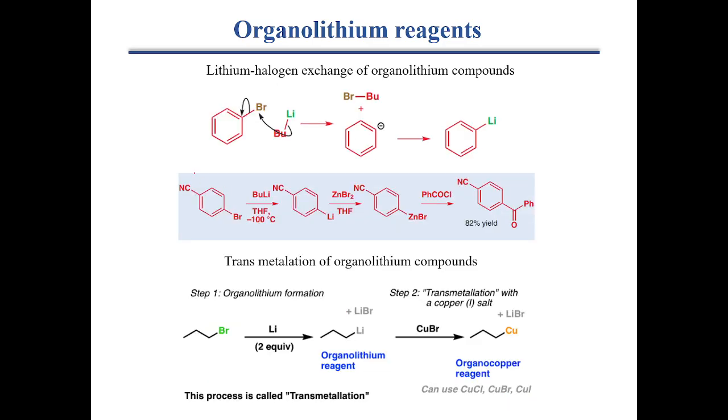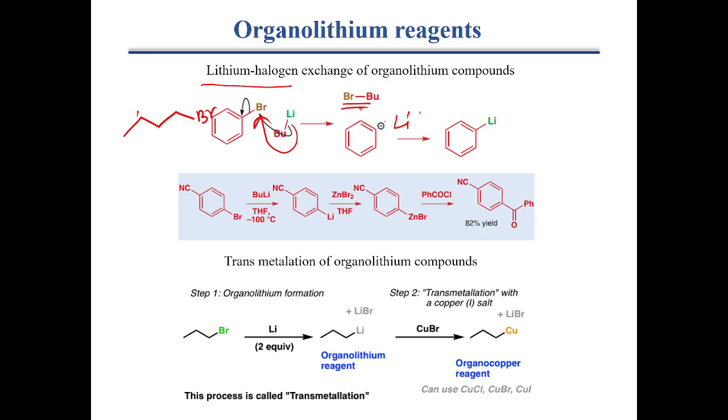Next, we will discuss the lithium-halogen exchange reaction. In the presence of any primary, secondary, or aromatic bromide, butyl lithium reacts with it and forms this negative charge and butyl bromide.